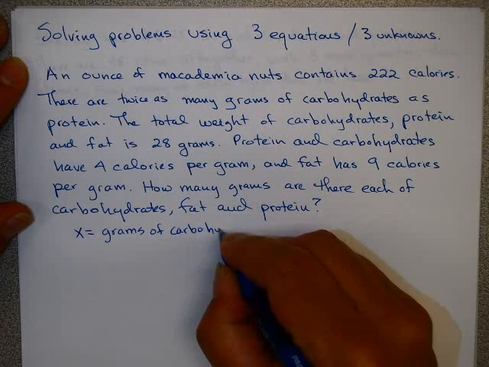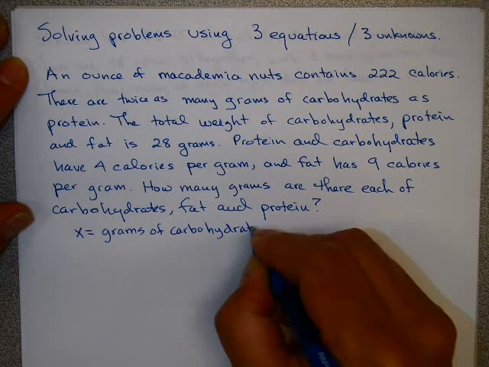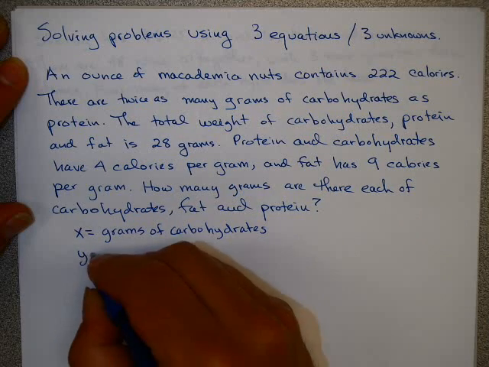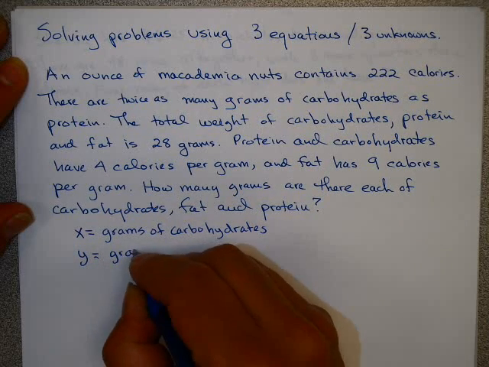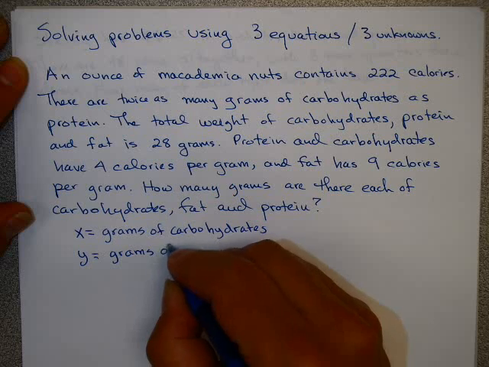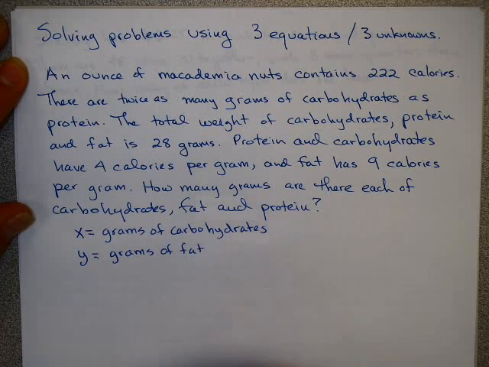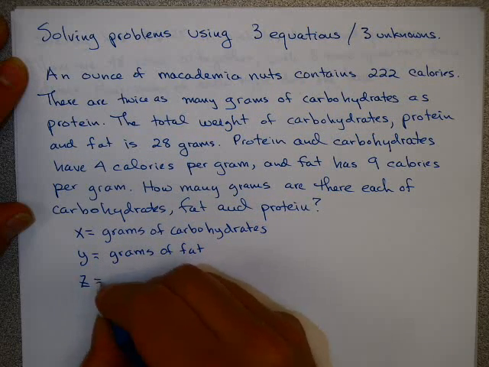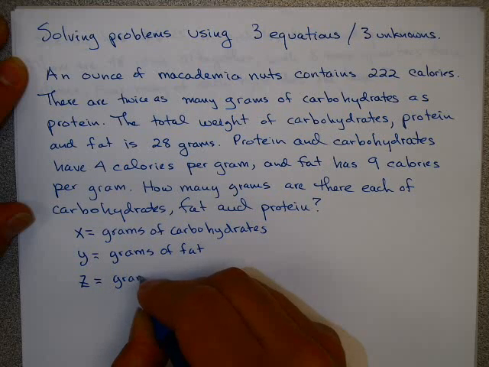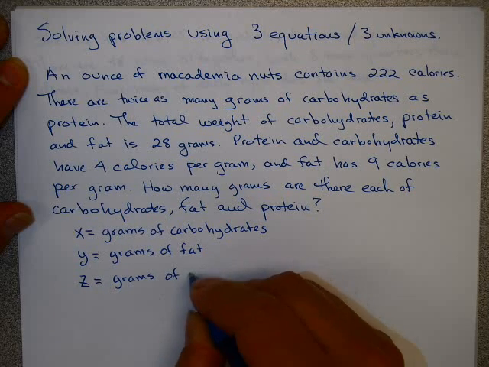I'm trying to identify my variables right now. I'm going to let y equal the grams of fat, and I'm going to let z equal the grams of protein. Okay?